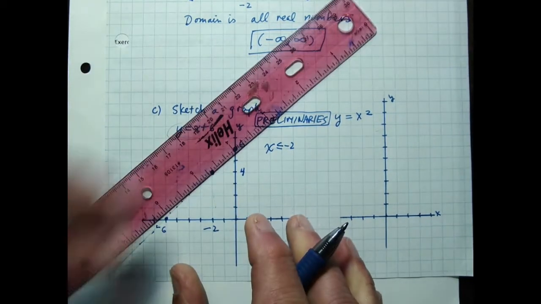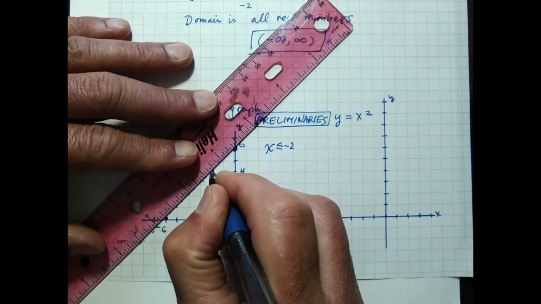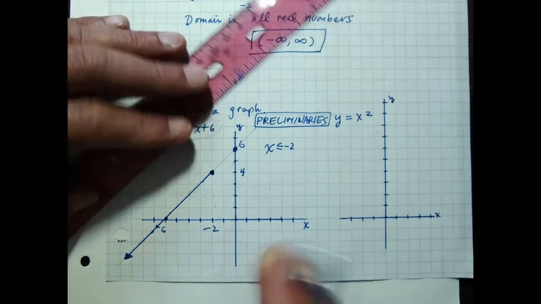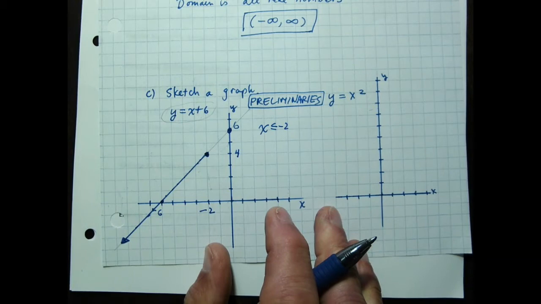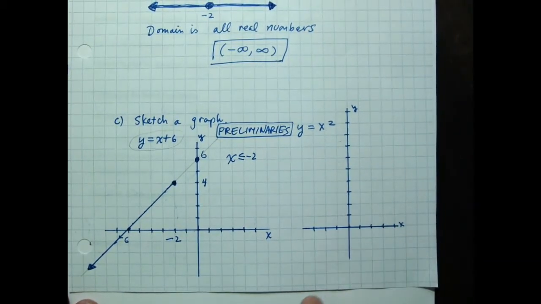So I only want to work with the piece of the line from this point at negative 2, 4 to the left. So we're only going to use the piece of that straight line that I colored in blue. Now we're going to do a similar thing with the y equals x squared.